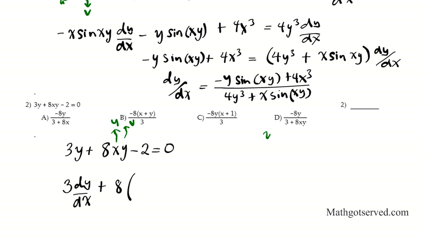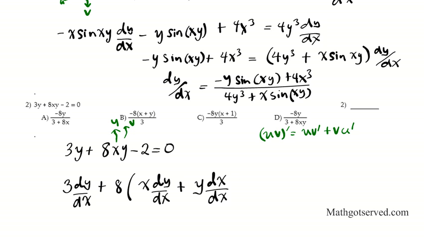So remember, the derivative of uv is u v prime plus v u prime. So if I differentiate, u is going to be x, v prime is the derivative of y with respect to x, which is dy/dx, plus v, which is y, and then the derivative of x with respect to x is simply dx/dx.